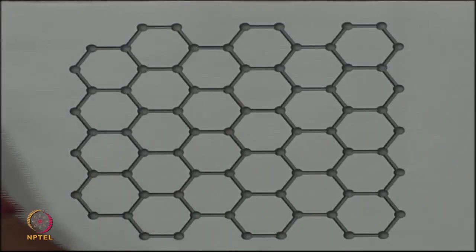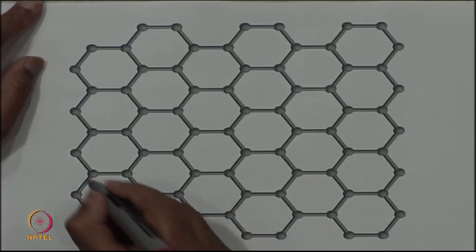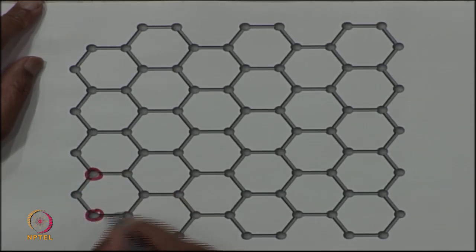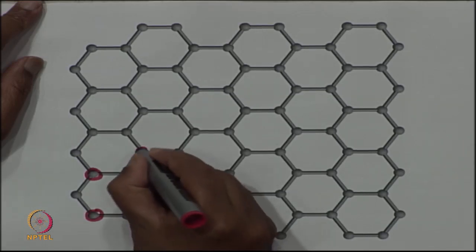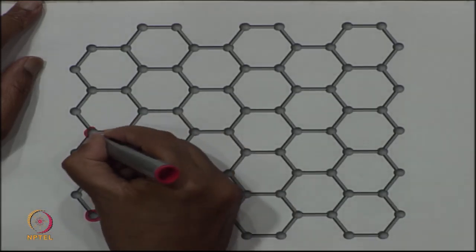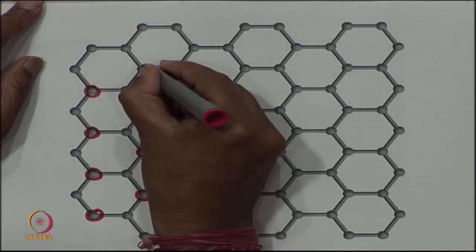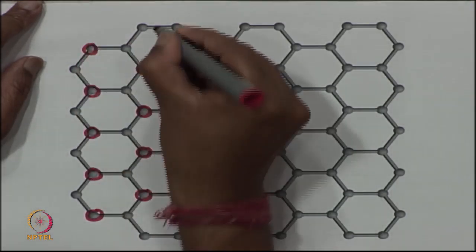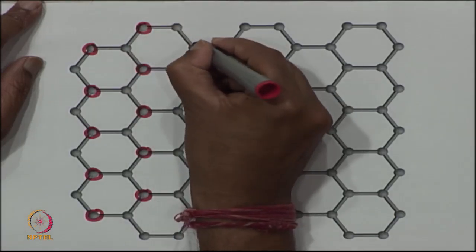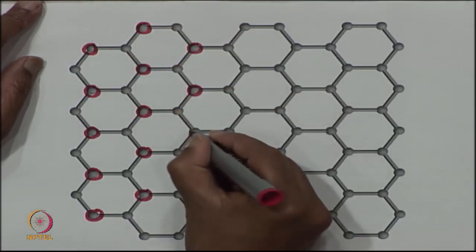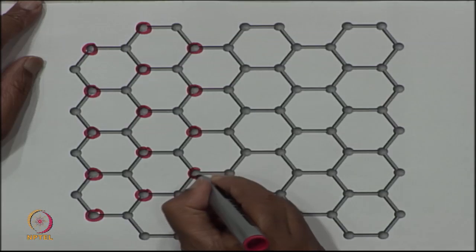So, just one more concept which I wanted to show you is the chirality angle or the chiral angle. Sometimes the tubes are characterized by what is called the chiral angle. That is nothing but the angle which the chiral vector makes with one of the axes, usually taken to be the first axis A1.